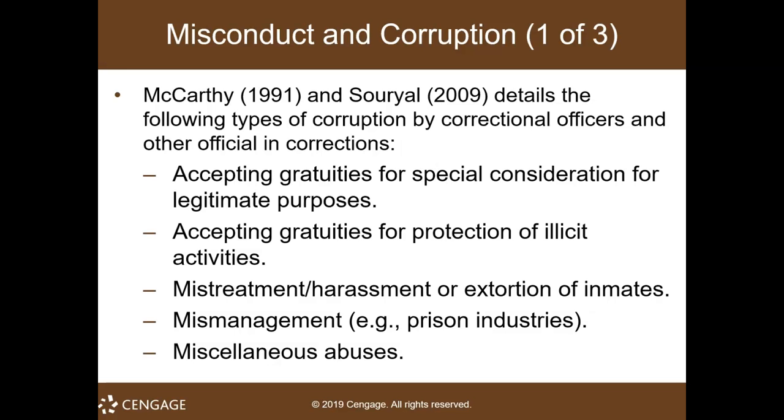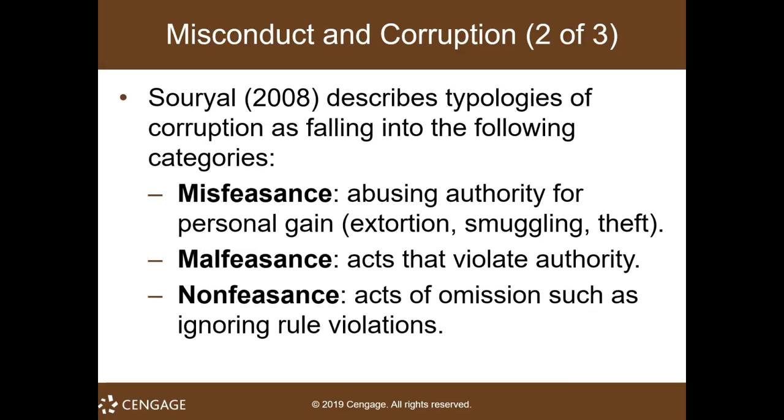Accepting gratuities for protection of illicit activities. Mistreatment or harassment or extortion of inmates. Mismanagement, meaning the prison industries, etc. And then miscellaneous abuse or other types of abuses that were subcategorized, if you will.